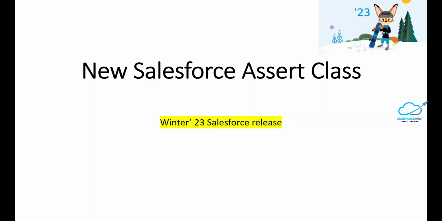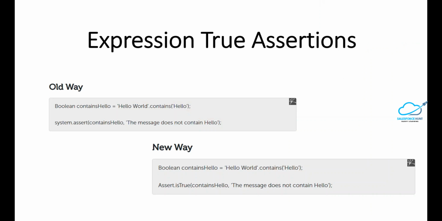Here you can see the new Salesforce Assert class. Let me show you the practical part one by one. Here you can see the true assertion, the expression true assertion. This is the first feature inside this Assert class.